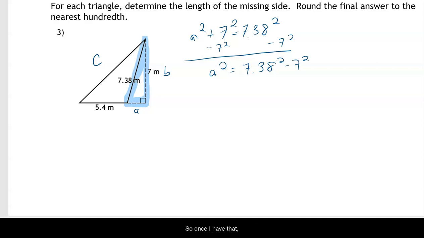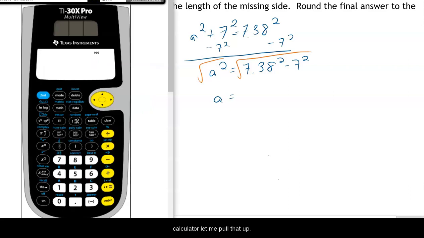Okay. So once I have that, I have A squared equals 7 3/8 squared minus 7 squared. Take the square root of both sides. And A would equal, so I'm going to type that into my calculator. Let me pull that up.